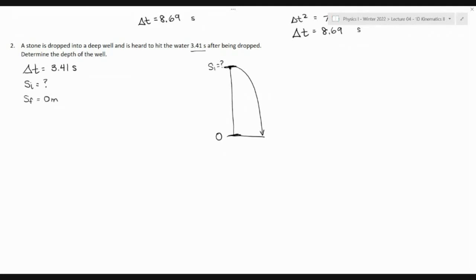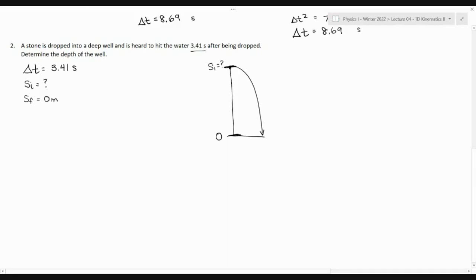So this 3.41 seconds, we're saying that's how long it takes for the stone to hit the bottom of the well. We're not taking into account the fact that the sound waves still have to travel to our ear for us to hear it. So you're right, that question could have been clarified a little bit better. We're going to assume that that 3.41 seconds is how long it took for the stone to hit the ground.